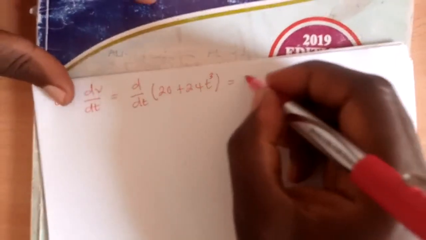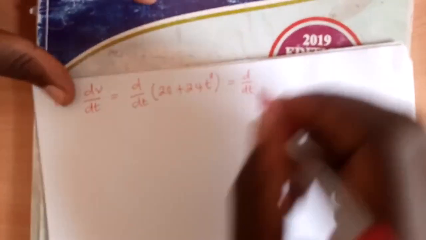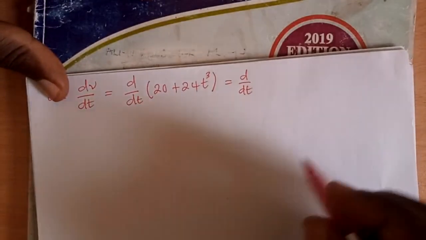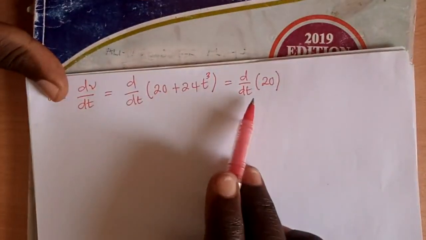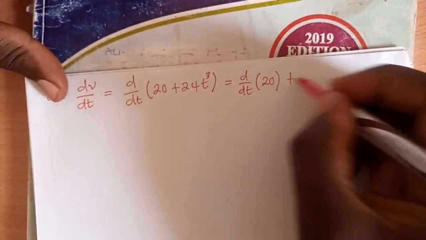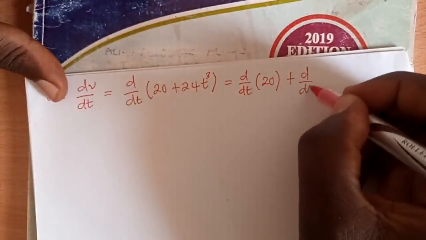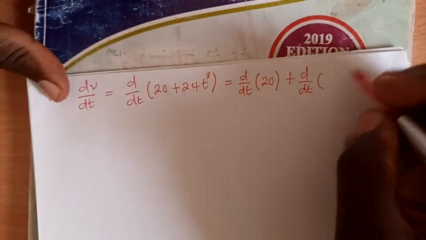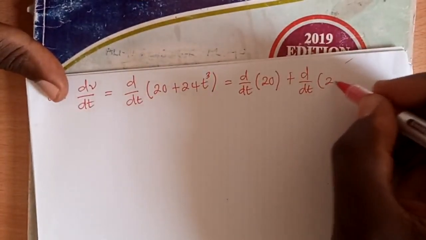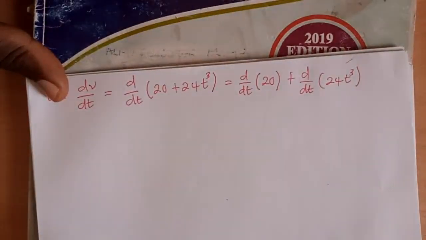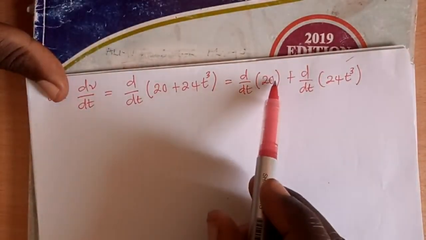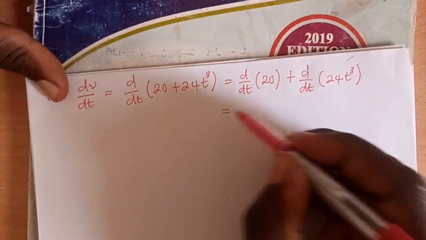So this is equal to d/dt of 20 plus d/dt of 24t raised to the power of 3. The derivative of a constant, which has no t, is 0.